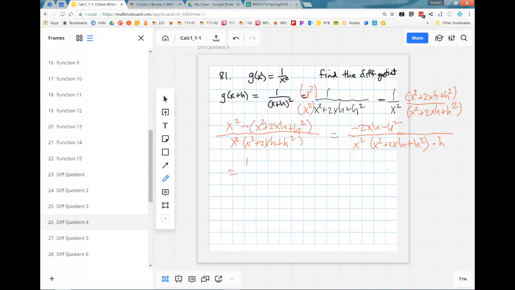We can take an h out of that. Now we've got this h here, and that cancels. And there is our difference quotient.